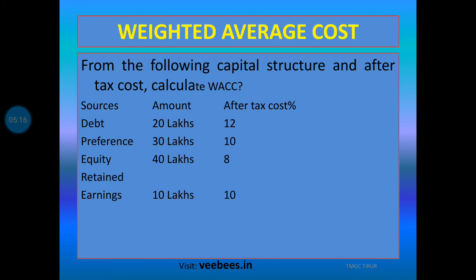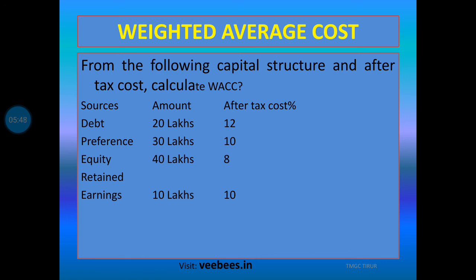How to calculate? We have to provide at least three columns: sources, proportion, after tax cost, and one more column, XW, that means proportion into cost. The proportion column is totaled as sigma W, the cost column is taken as X, and XW means proportion into cost.